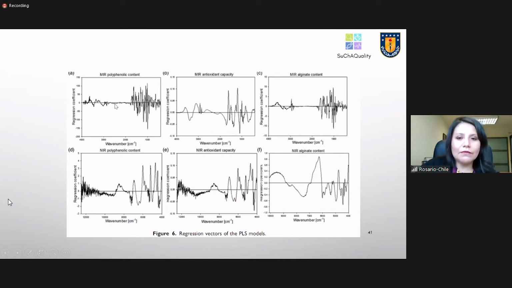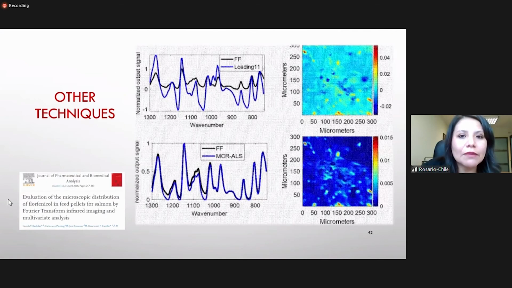So even in mid-infrared and in near-infrared spectroscopy. The information from mid-infrared spectroscopy, usually it's better than the near-infrared spectroscopy, and this is the parameter that we need to check in PLS.